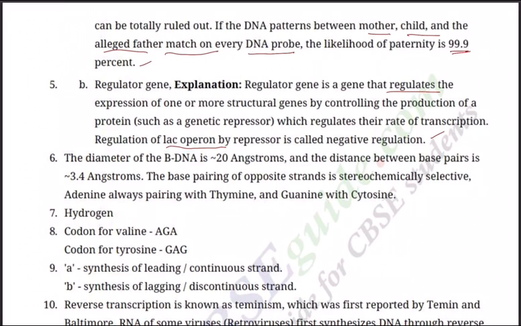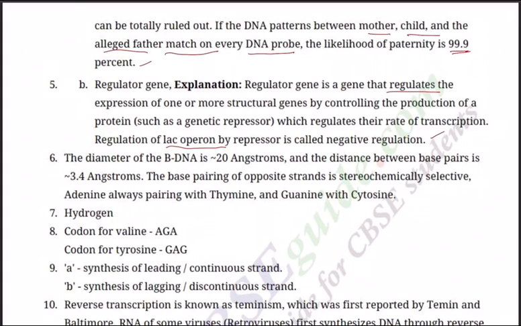Question number 6, I said, is a knowledge based question. The diameter of DNA is 20 angstroms and the distance between base pairs is 3.4 angstroms. The base pairing of opposite strands is stereochemically selective.